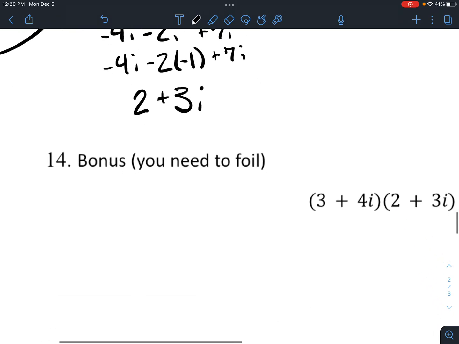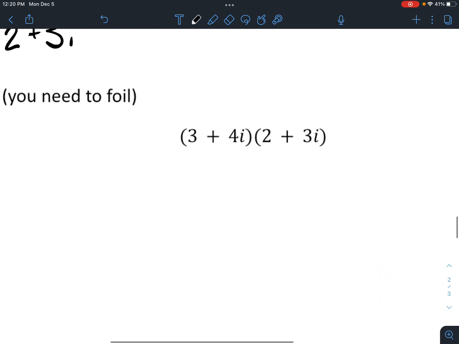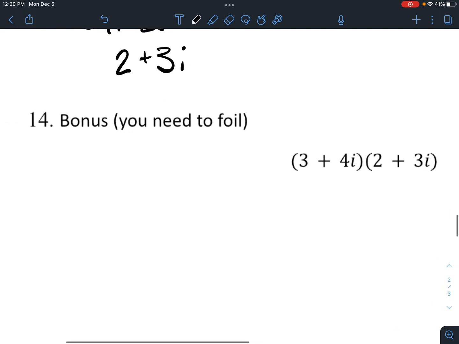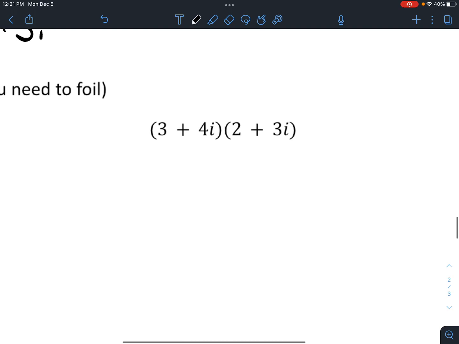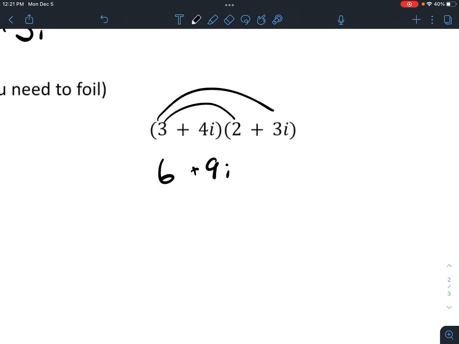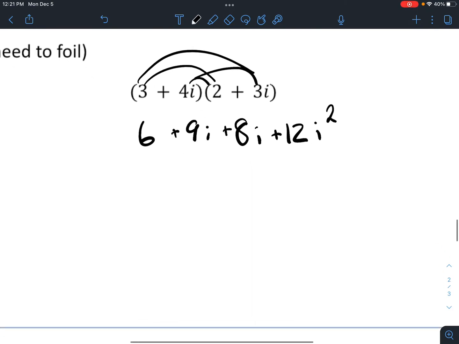And then lastly, we're going to need to FOIL. This is going to be a bonus for tomorrow for the quiz, because we haven't done it in class, but we should already have these skills and the ability to do something like this. So we're going to multiply our first, so that's 6, our outer, which is plus 9i, our inner, which is plus 8i, and our last, which is plus 12i squared.